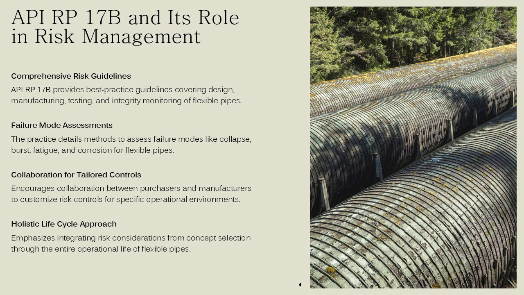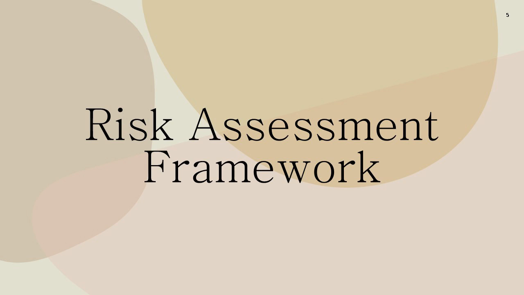By embedding these principles into project workflows, engineers can systematically reduce uncertainties and enhance safety margins. The document encourages collaboration between purchasers and manufacturers to define system-specific parameters, ensuring that risk controls are tailored to operational environments and functional requirements. Risk-based engineering philosophy, lifecycle risk perspective.